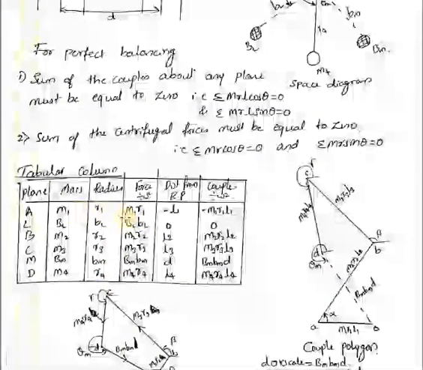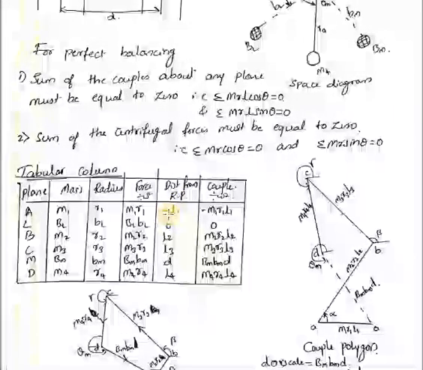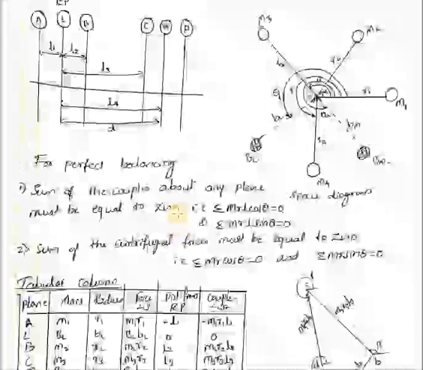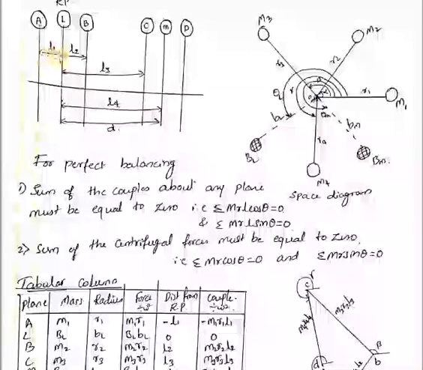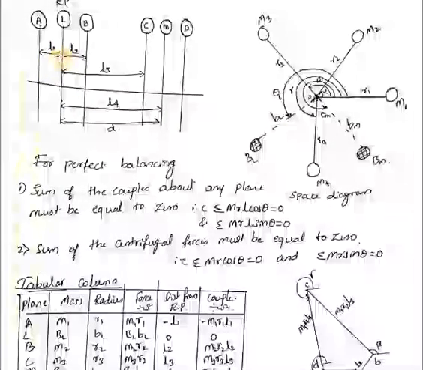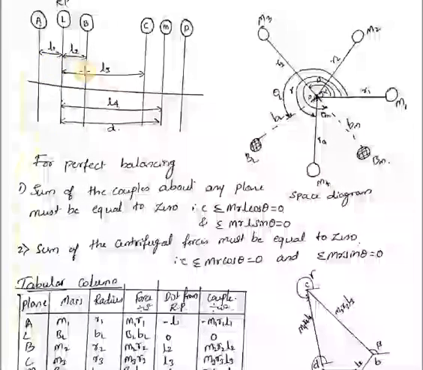Force is nothing but M into R. Distance from reference plane: here first I have written minus L1, because if you take this L as a reference plane, plane A is towards the left side. So you need to take the left side as negative and the right side as positive.